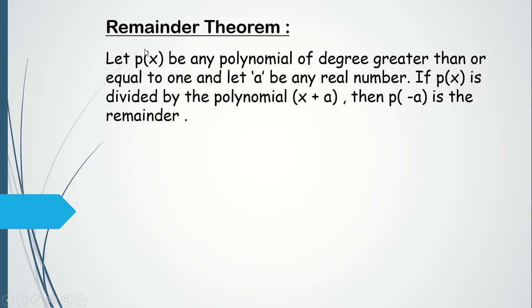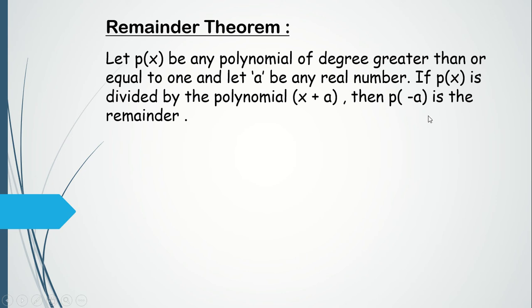When P(x) is divided by x plus a, by the remainder theorem we can find the remainder directly without actually dividing it. The divisor is plus a, so P(-a) will give us the remainder.